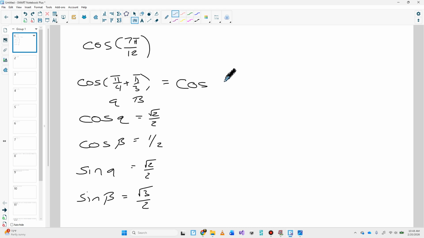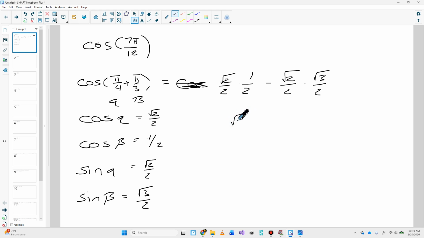And then I use the cosine sum of angles formula. It's cosine of alpha, which is the square root of 2 over 2, times the cosine of beta, which is 1/2. And that's going to be minus the sine of alpha, which is the square root of 2 over 2, times the sine of beta, which is the square root of 3 over 2.